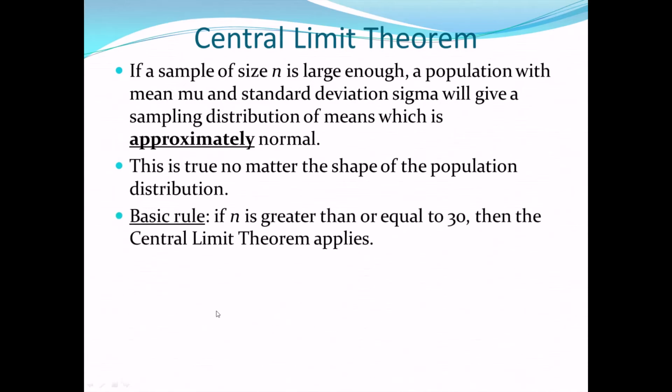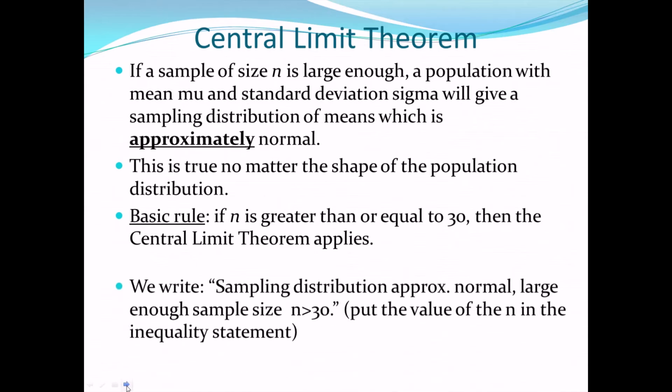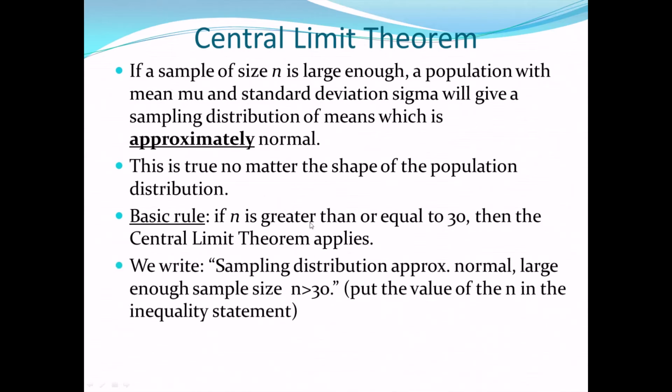Now, what constitutes a sample size n that's large enough? Let's all agree that n has to be greater than or equal to 30. Then the central limit theorem applies, and you can do normal calculations on the sampling distribution, even if you couldn't do it on the original population distribution, okay? Now, if you're trying to develop a rationale for using the central limit theorem, or to do normal calculations on a sampling distribution, and your only way of doing it is that your sample size is 30 or more, you can explain it by saying your sampling distribution is approximately normal.